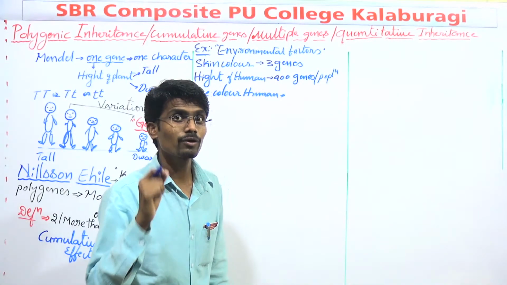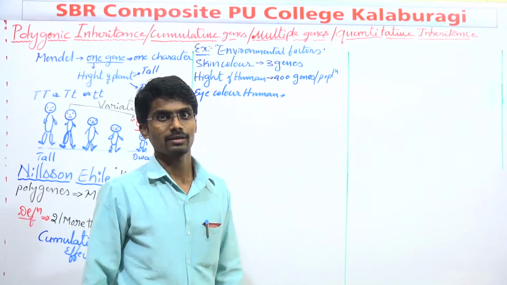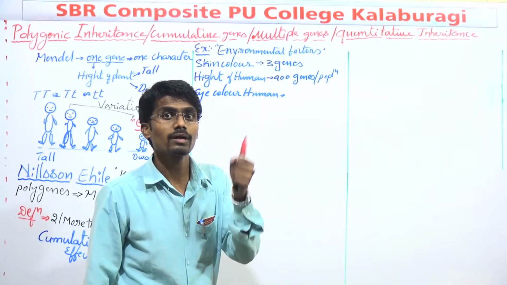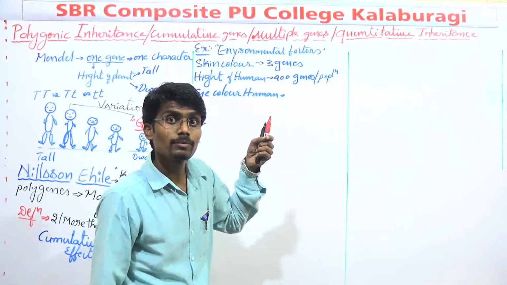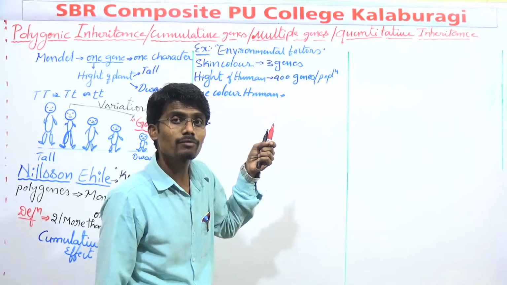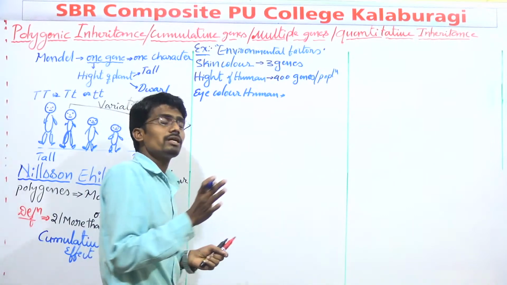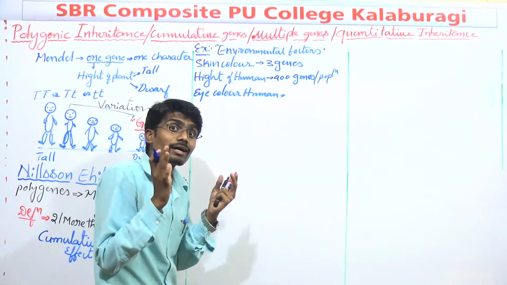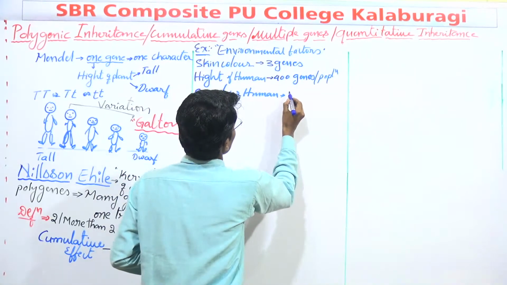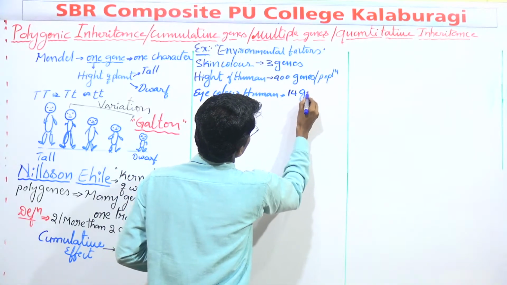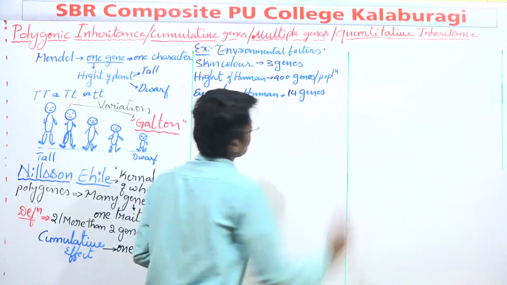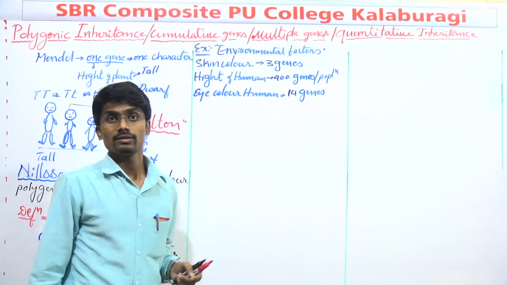Blue color. Because of what? Polygenic inheritance. But that blue color is not found in her family members, because it is an example for what? Polygenic inheritance. Do you know how many genes are responsible for eye color of human beings? They are telling that 14 genes. How many genes? 14 genes.